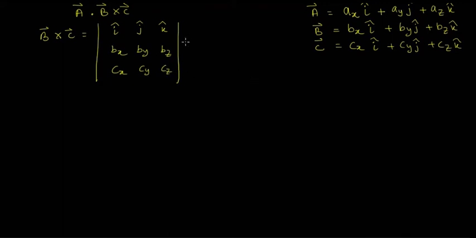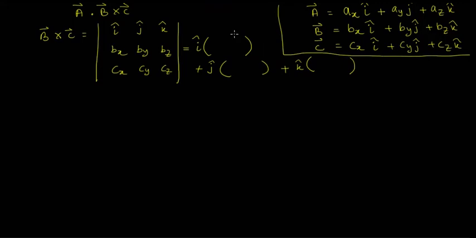So this is basically i cap times something, plus j cap times something, plus k cap times something.